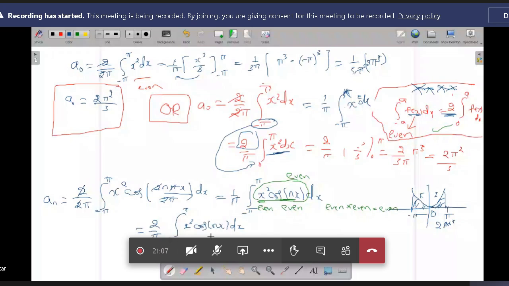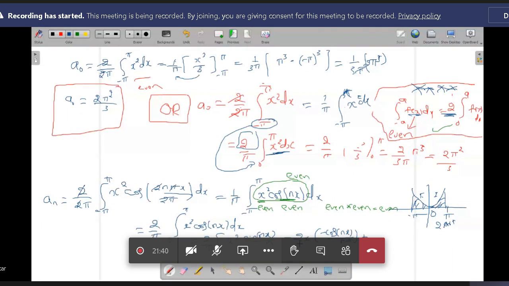So that is 2 by pi, first function x squared, integration of second function is sin nx by n, minus derivative of x squared is 2x and integration of sin is minus cos nx divided by n square, and again we have alternate plus and minus signs here.